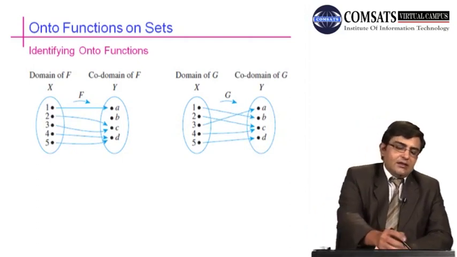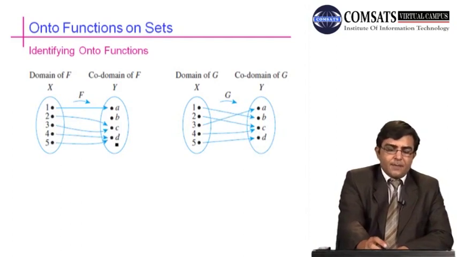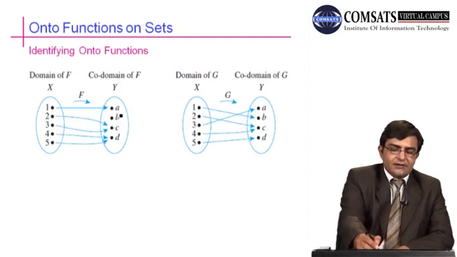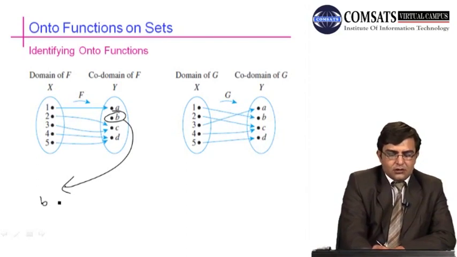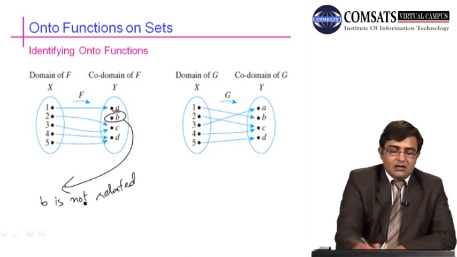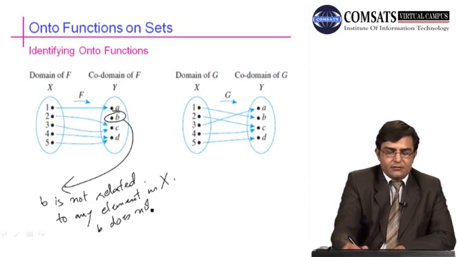In the first arrow diagram you can see 1 is related to A, 2 is related to C, 3 is related to C, 4 is related to D, 5 is related to D. Now there is one element in Y, this B, which is not related to any element in X, or B doesn't have a preimage.